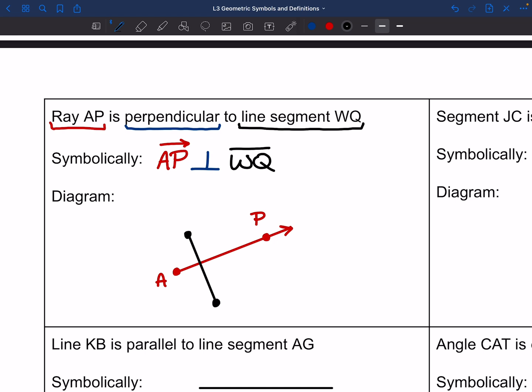Because it's a line segment, it's got endpoints on it, one of which is W and the other is Q. And then I need to show that they are perpendicular, and the way that I do that is I put that little square angle marking in there where they cross. That's telling me that it's a right angle, which is what makes them perpendicular.